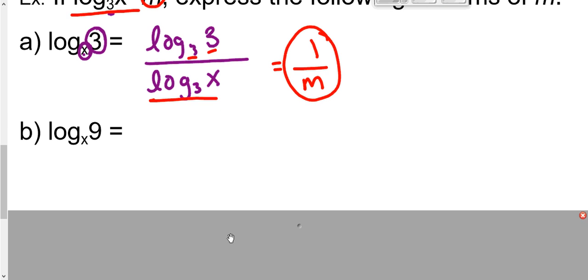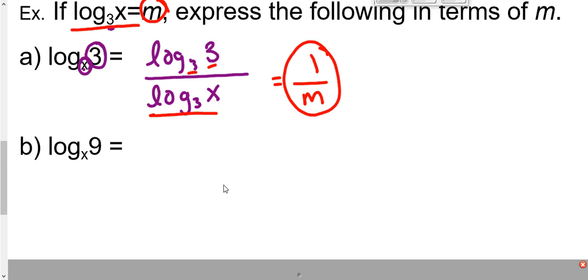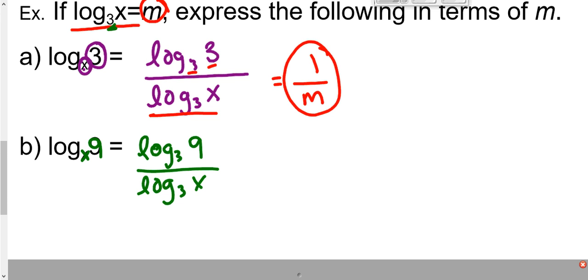Let's look at another one. We have log base x of 9. So again, the other way around, but we're using a little bit of a different number here. So we're going to use our change of base formula. We still want a base of 3. So this is log base 3 on the top and bottom of our change of base formula. 9 goes on top. X goes on the bottom.